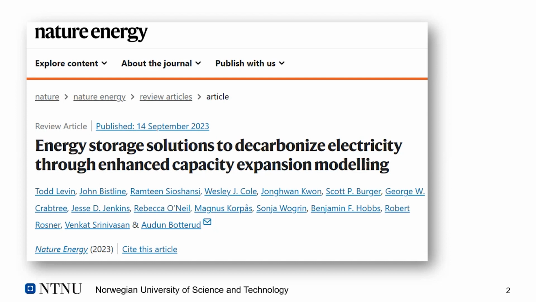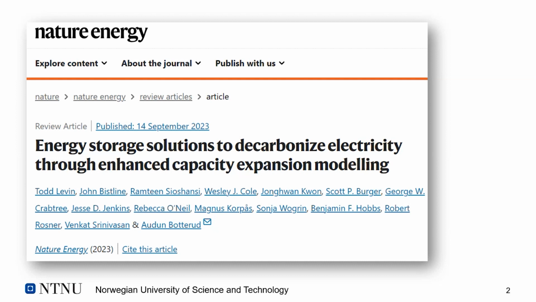to improve energy system analysis models, and why it is important to add storage devices in a proper way to inform decision makers on possible energy transition pathways.